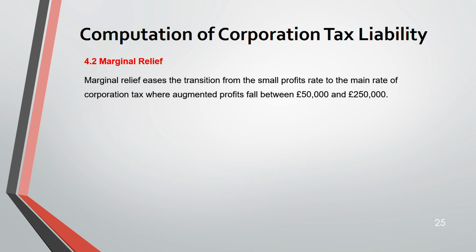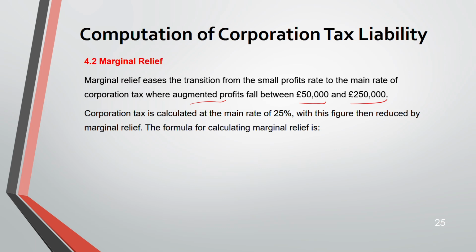Your augmented profit, which is your TTP plus dividends received from outside the group, must fall between 50,000 and 250,000, not less than 50,000 and not more than 250,000. Only then will you get marginal relief. Why? Because between these limits there is a transition: suddenly you are paying 19%, now you start paying 25%. To ease that transition, they give you marginal relief.